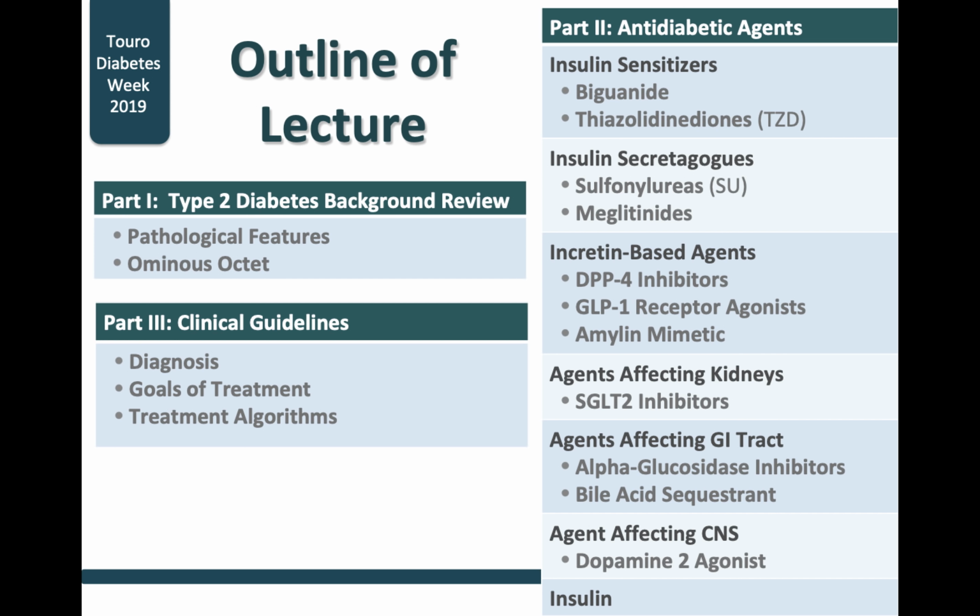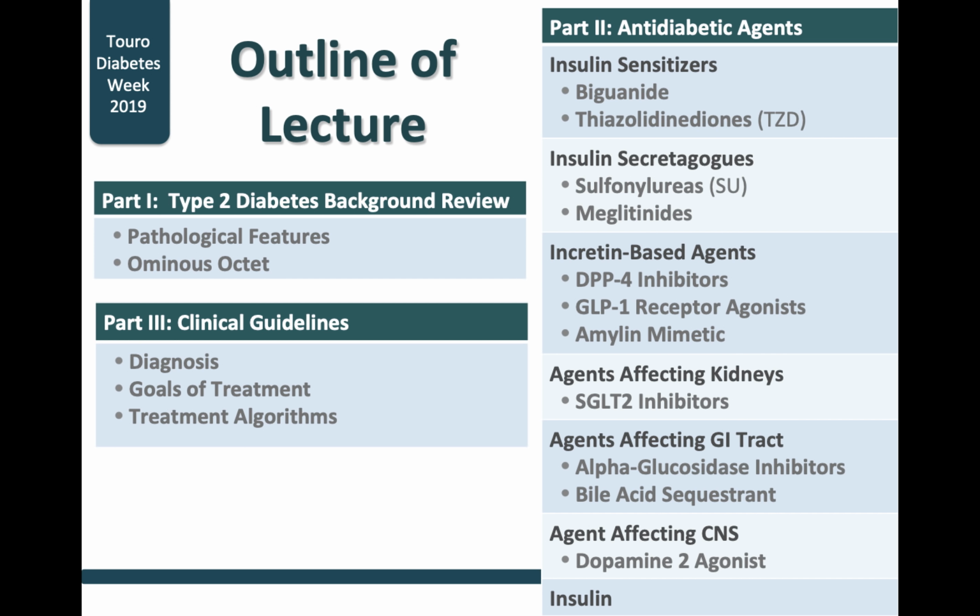So here is the outline of the lecture. I've structured this lecture into 3 parts. Part 1, we focus on the pathogenesis of type 2 diabetes. Then we move on to talking about the agents by class and also by specific agents. Then part 3 would be the clinical guidelines.